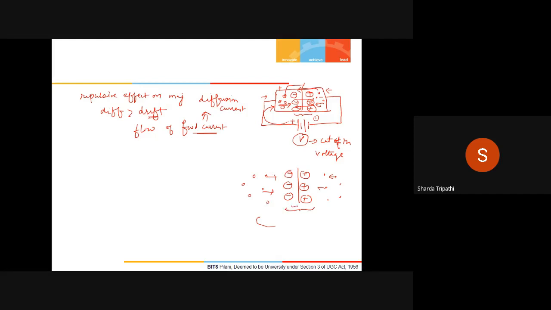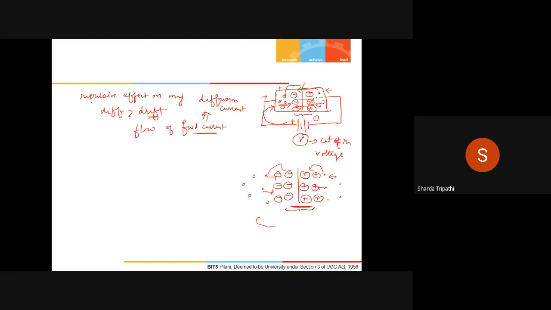So in that case, what will happen? Its width will reduce. I mean, earlier there may have been two rows where there were no free mobile charge carriers, but because of this repulsive force these holes and these electrons from here start filling in the depletion region. So first of all, this depletion region is going to reduce its width, but it will not completely disappear.